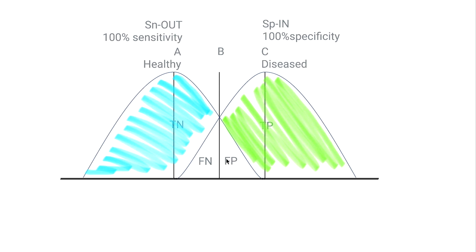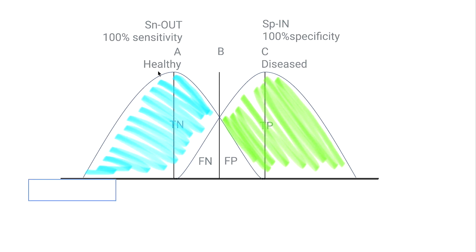Next, what we need to know is what happens if the cutoff values are changed. So if we take this from point B over here and it shifts towards the left, so from B towards A, then there'll be an increase in false positive and there'll be a decrease in false negative.